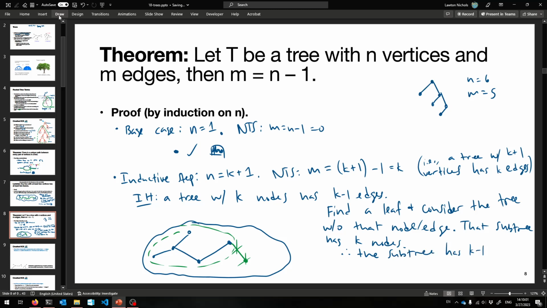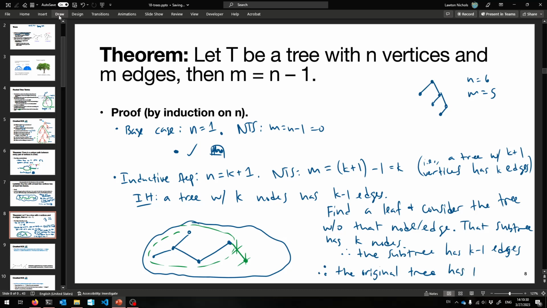And that's what we needed, because the full tree is k plus 1 nodes total. By adding this one back in and this edge back in, it's one more node and one more edge. So it has k edges. The original tree must have k edges, which is exactly what I needed to show.